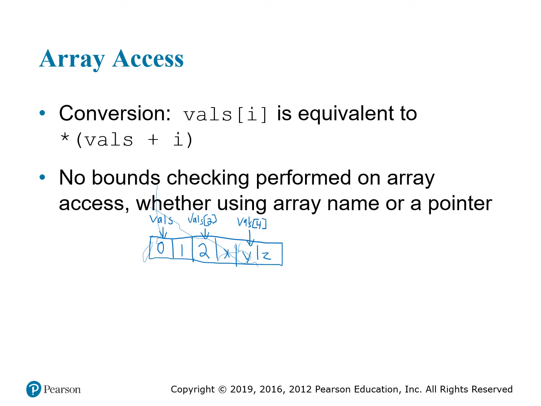Okay, and that's what we mean by there's no bounds checking. In some languages like Java and C#, the compiler knows that vals stops at index 2, and vals[4] would do what we call throwing an exception. It would send a message back to the program saying, no, you can't do that, that's out of bounds.